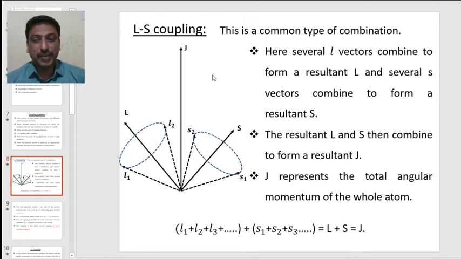Now let us see the first one, that is LS coupling. This is a common type of combination which is often seen.